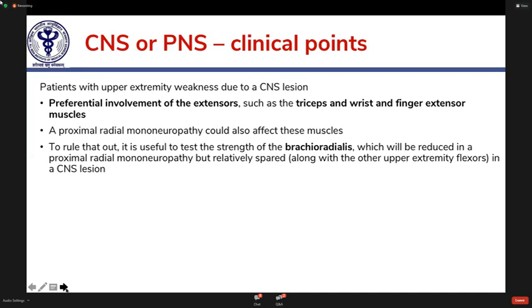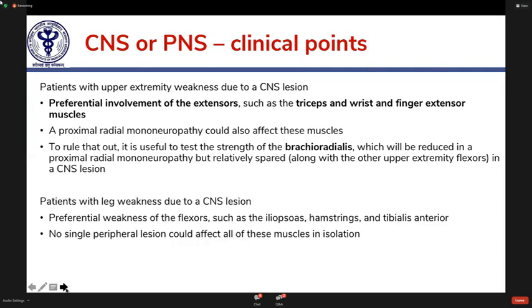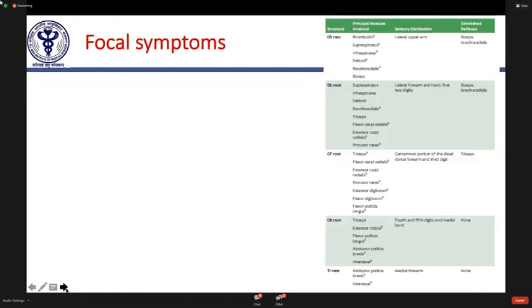To rule this out, look at the strength of the brachioradialis, which will be reduced in proximal radial mononeuropathy but relatively spared in a CNS lesion. Patients with leg weakness involve weakness of the flexors like iliopsoas, hamstrings, and tibialis anterior. No single peripheral nerve lesion can affect this group of muscles, so it's easy to identify.